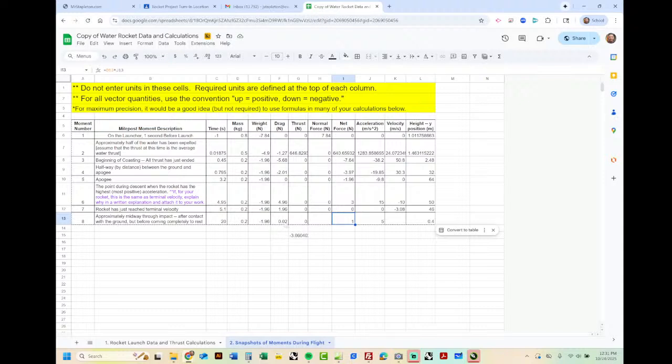So I need to make it 0.02 less than 2.96. So that would be 2.94. Let's see if my math is all right. I'll check down here to see if all the forces add up to 1. This plus this plus this plus this. Yeah, okay, so that's good.